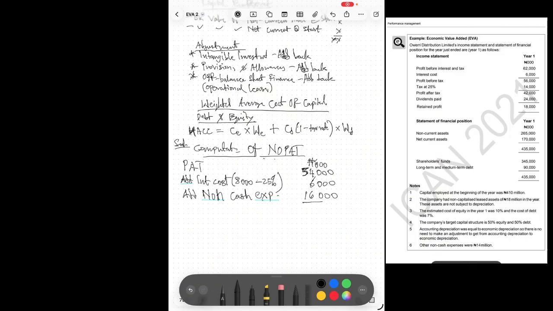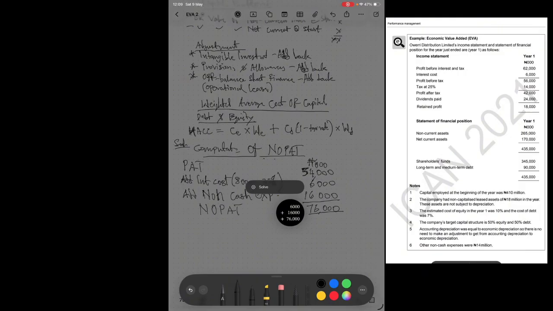So if I add back and I'm done, you have gotten your net operating profit after tax of 76,000. The next will be to calculate our capital employed.